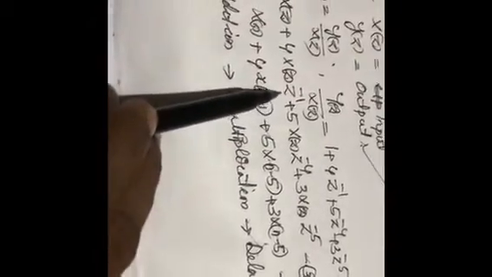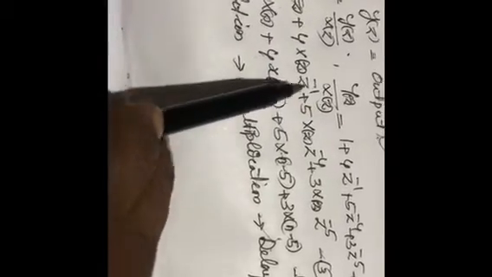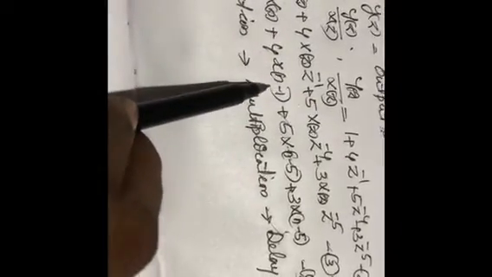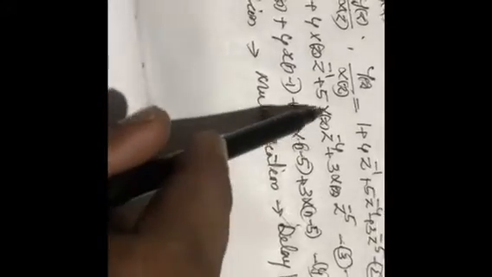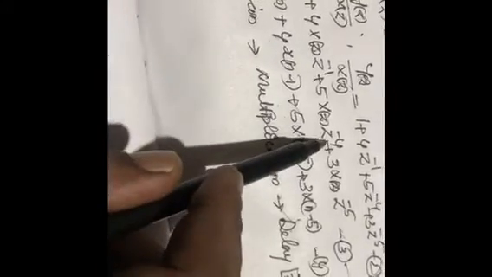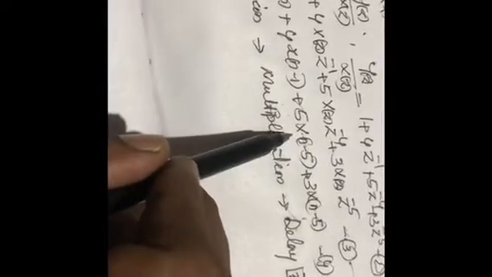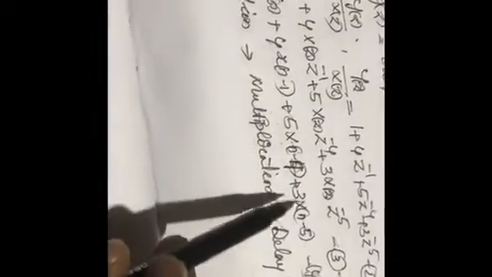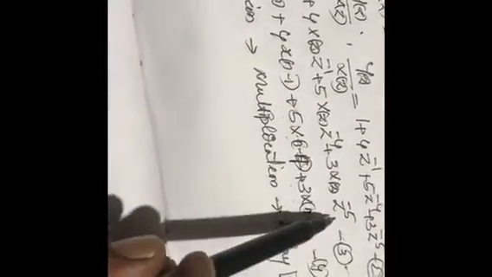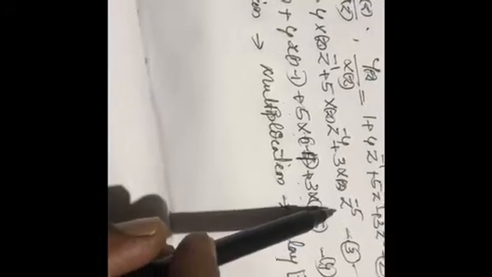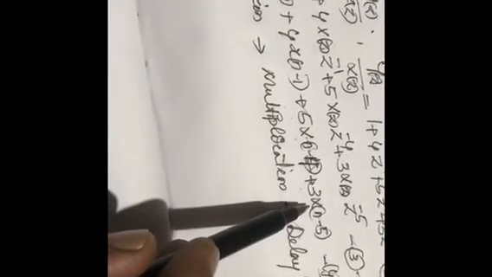That is, the inverse z transform of z^-1 gives x(n-1), plus 5 times the inverse z transform of z^-4, which is x(n-4), plus 3 times the inverse z transform of z^-5, which is 3x(n-5). That is equation number 4.